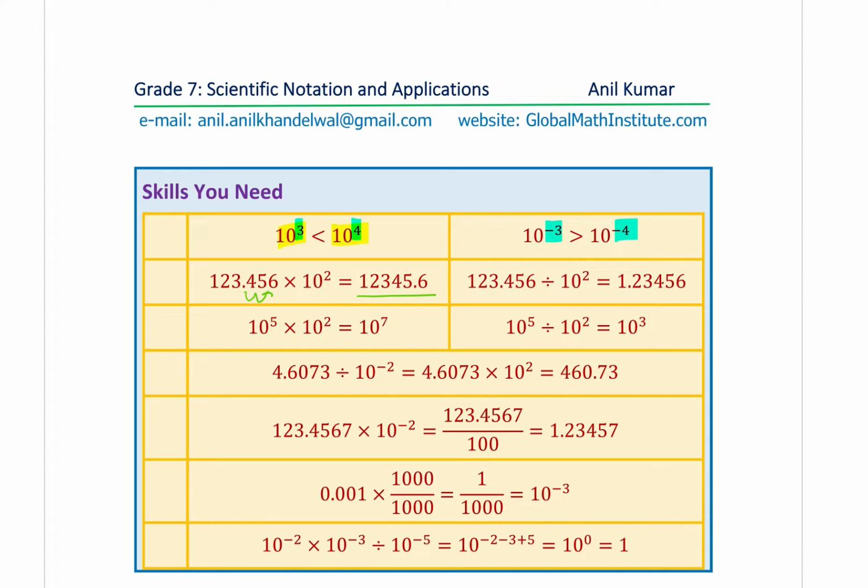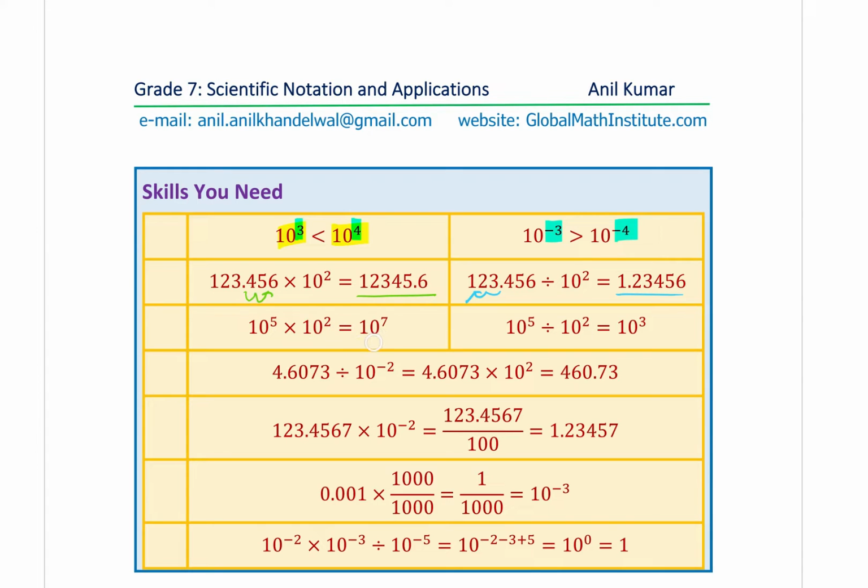So whenever you multiply by 10 or its positive powers, the number increases and the decimal moves right. You can clearly see here that the decimal moves right. But when you divide, what happens? It moves towards the left and makes the number smaller, as we have shown it here. Correct?